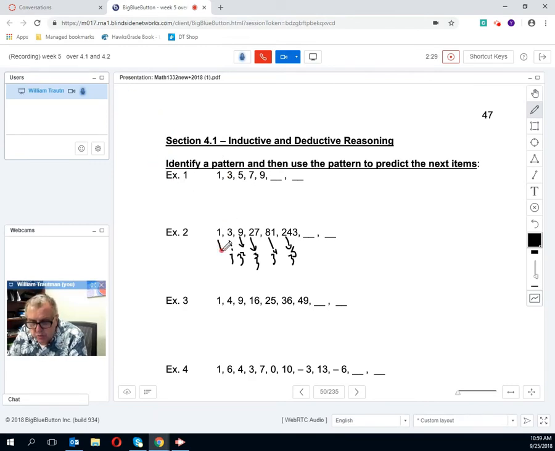So how do I get 1? If I have 3 to the 1 power here, if I put 3 to the 0 power on my calculator, I actually get 1. So it's 3 to 0, 3 to 1, 3 to 2, 3 to 3, 3 to 4, 3 to 5. So on my calculator, the next number should be 3 to the 6th power.